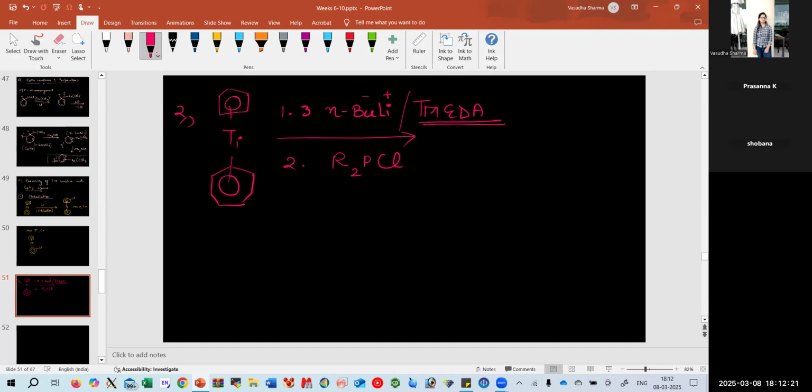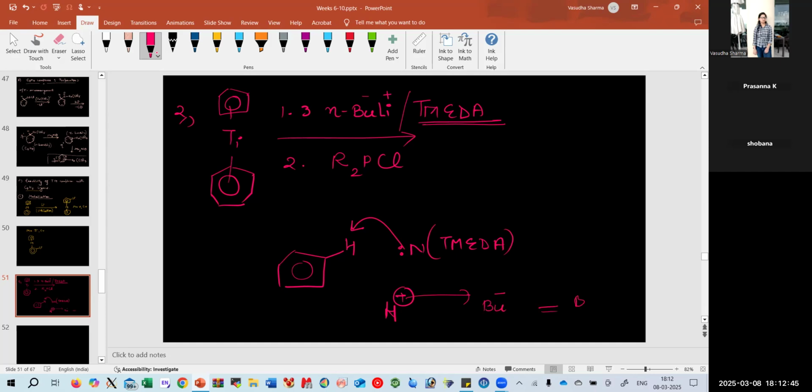If I'm taking a CP group and it has an H over here, and you're giving a source of nitrogen with a lone pair, which is part of TMEDA, it will attack this one, and this would go as H positive, which can be taken up by the butyl group, therefore releasing butane gas. Ultimately, it would create a minus charge on your ring, making a CP like this. This can further attack your lithium positive.